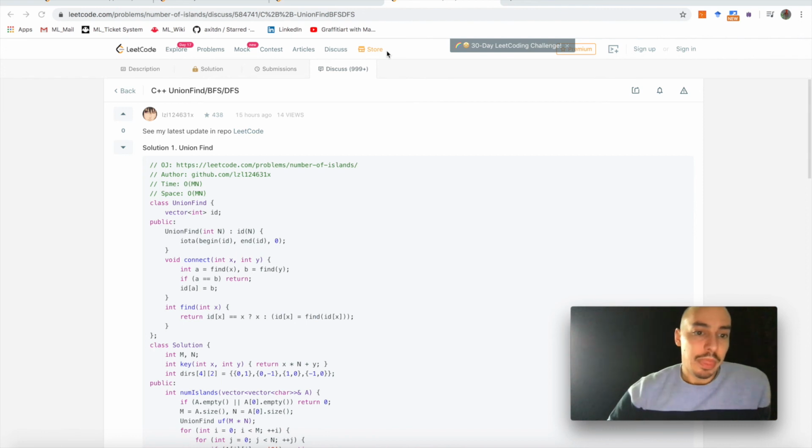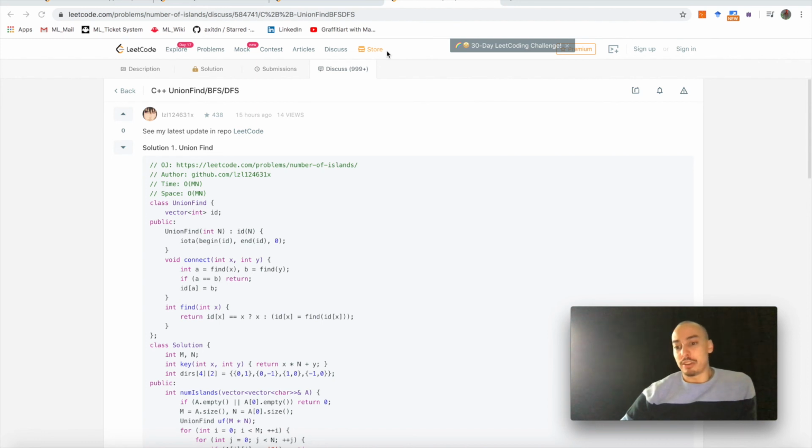Okay, so the next one, number of islands, has several solutions, and you will find oftentimes there's a case where you can use depth first search versus breadth first search versus other approaches interchangeably when it's not critical, for example, to find a shortest distance. A shortest distance would require breadth first search. Here it's just about labeling those islands, so it doesn't matter how long it takes us to find all those individual islands, even though of course we want the best computation time.